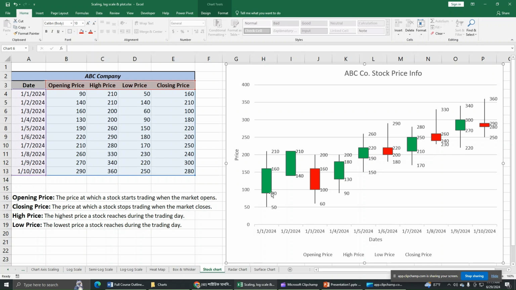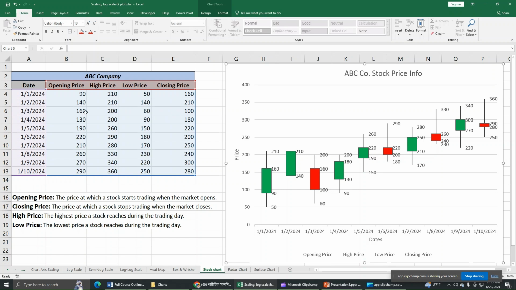Here in this body, because this body is green, the opening price is lower, that is 90. The closing price is here higher, that is 160. Here we can see this is our first date. The opening price is 90 and the closing price is 160. In this candle, that is third one, we can see the opening price is 160, closing price is 100.